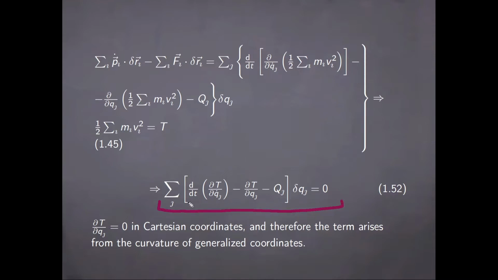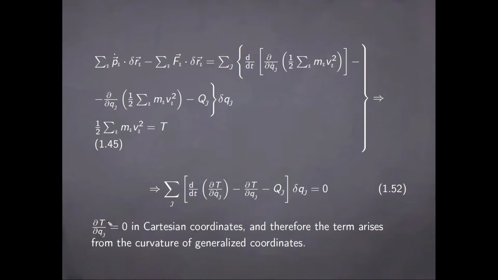So it's an equation involving a sum over all generalized coordinates where we have virtual displacements of the generalized coordinates as terms having as coefficients the derivatives here.